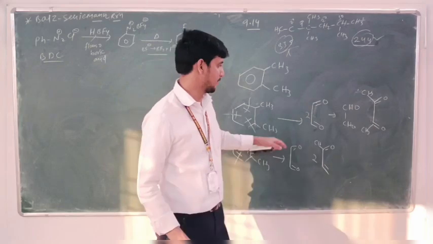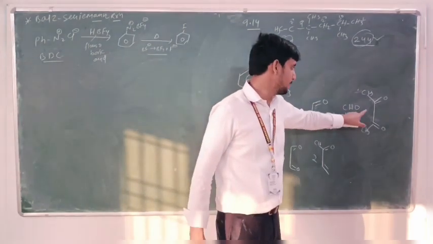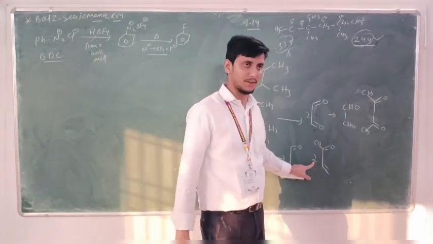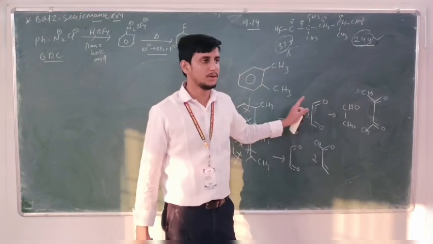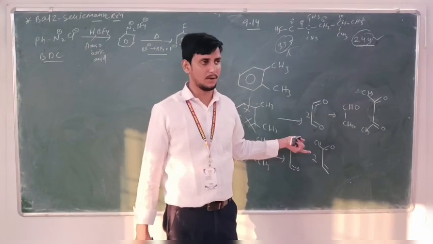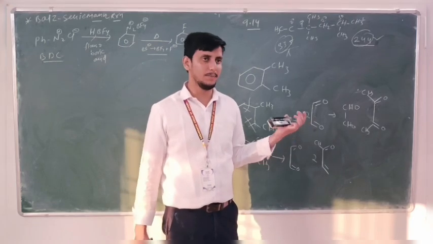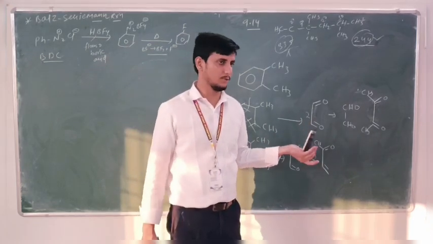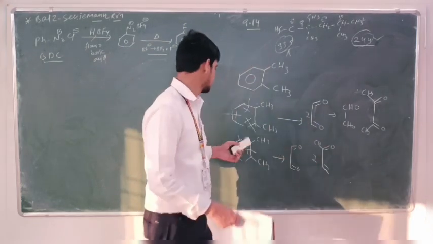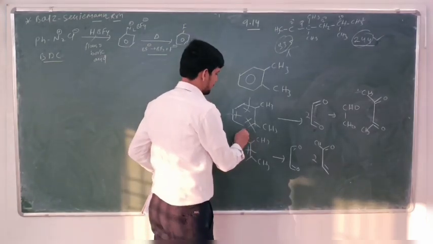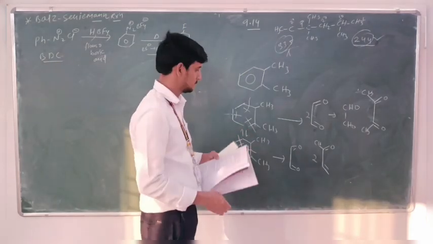How many products are formed here? A total of 3 types of product can be obtained: glyoxal, methyl glyoxal and dimethyl glyoxal, from both resonating structures of benzene.